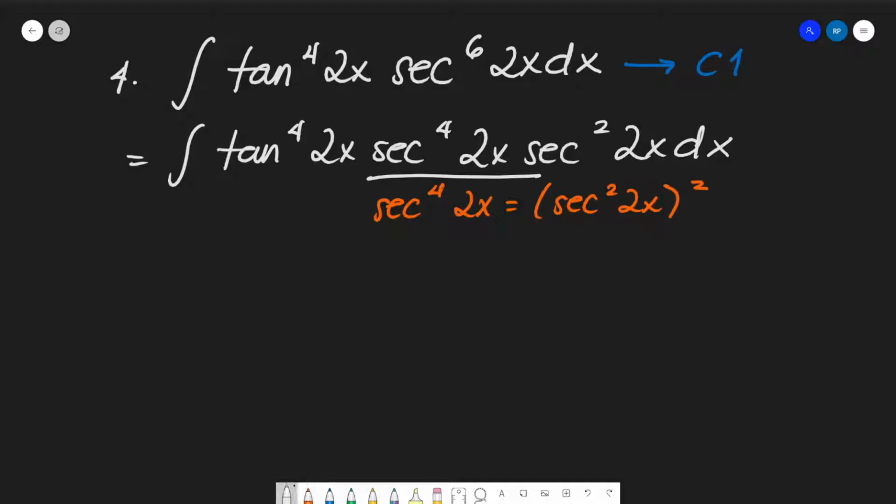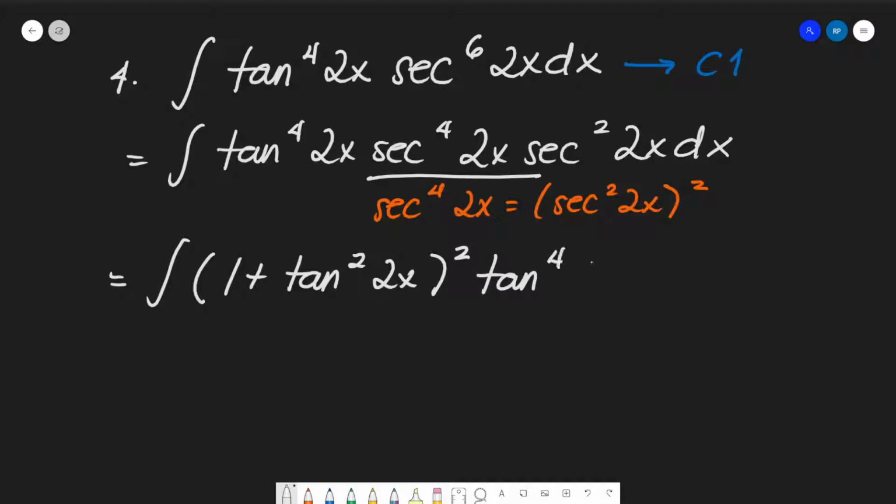So, yun yung ilalagay natin dito sa loob na identity. Ano yung identity natin for case number 1? 1 plus tangent squared ng 2x, quantity squared, times tangent to the fourth ng 2x.